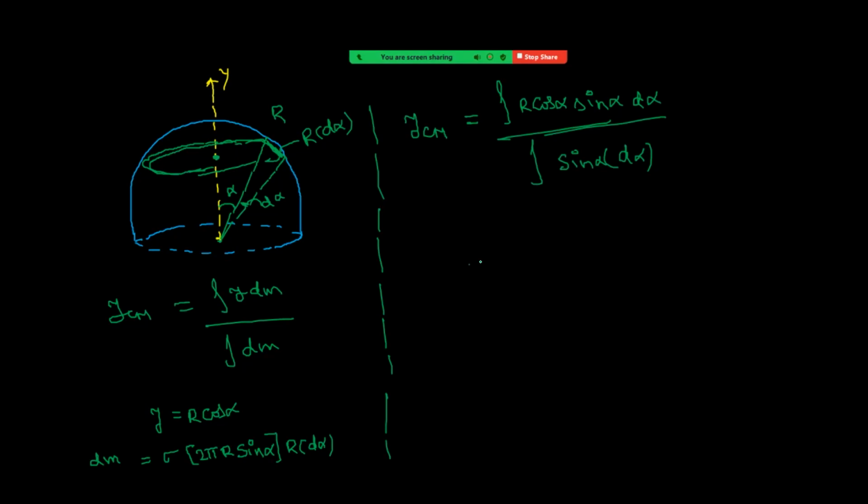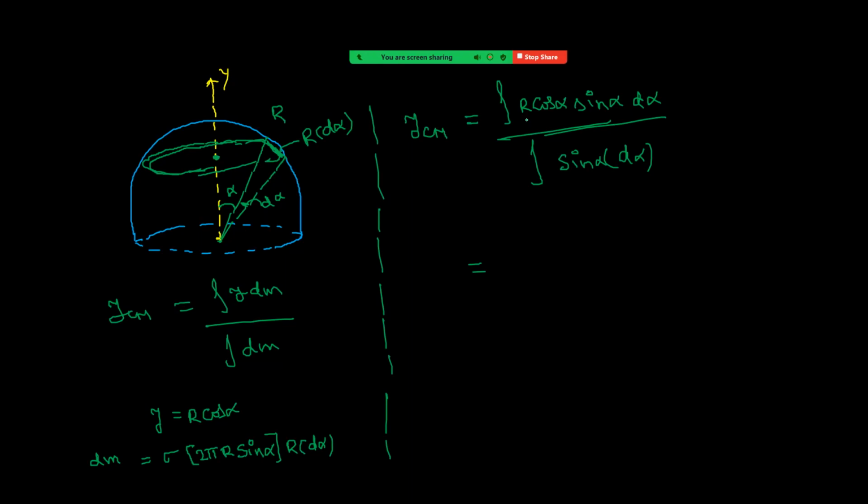Okay, right. Like this, we have to consider from 0 to 90. If you take 0 to 90, we get all rings. So you should be very careful while taking limits. We are taking 0 to 90. Then we get all rings.